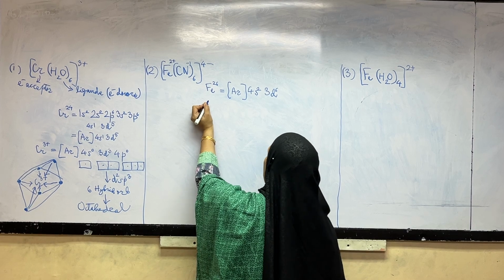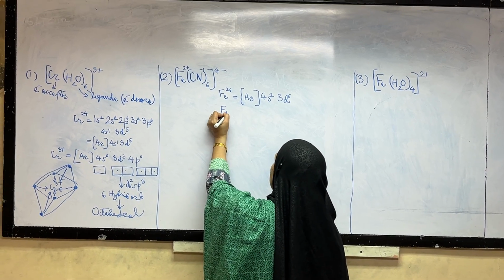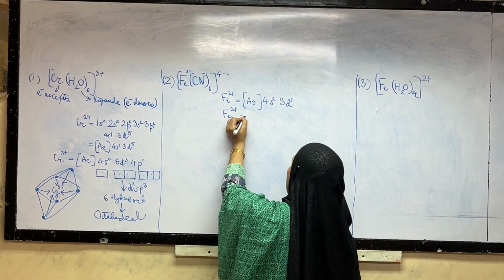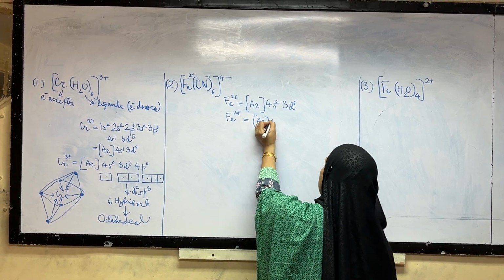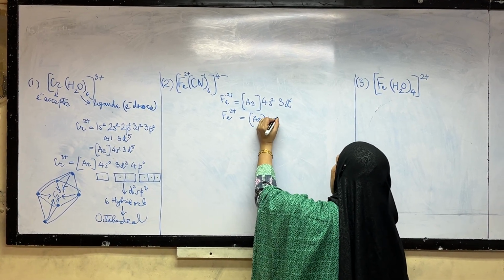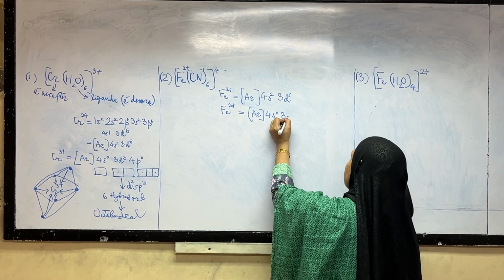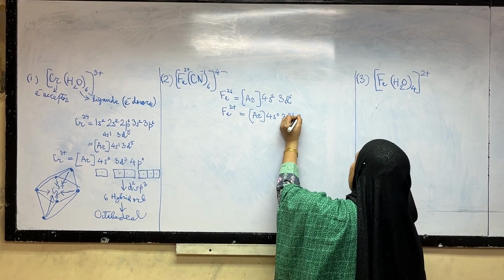Okay, so now Fe2+ will be argon 4s0 3d6 4p0.